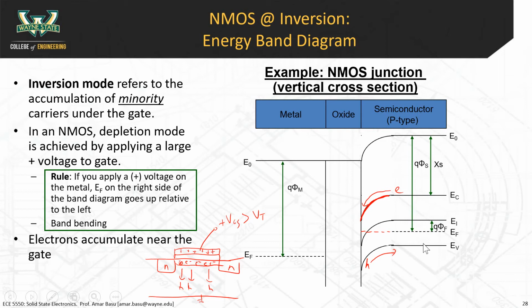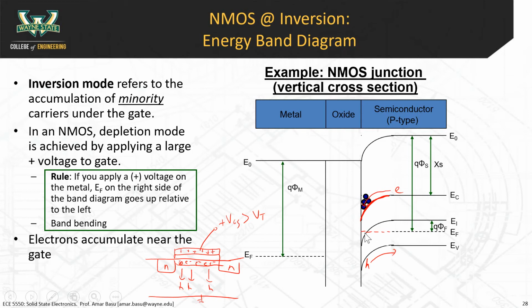If you look on the right side of the diagram, EI is above EF, so this is your p-type substrate material. But just near the interface, EF is now above EI rather than the other way around. Here, notice that EF is close to EC and farther away from EV.